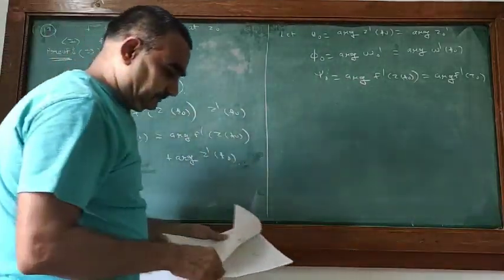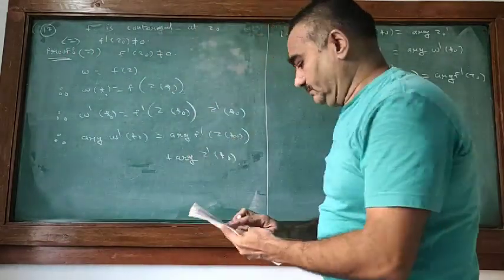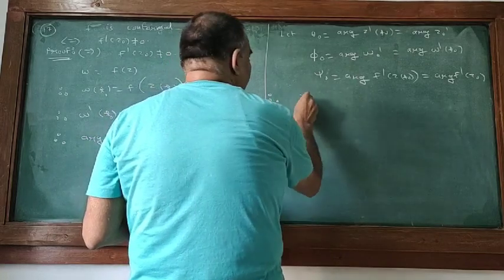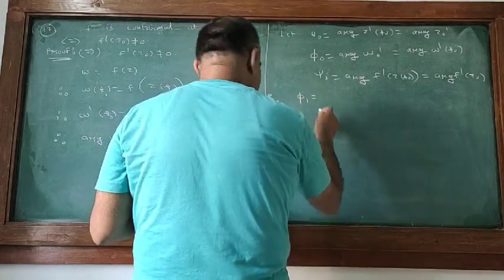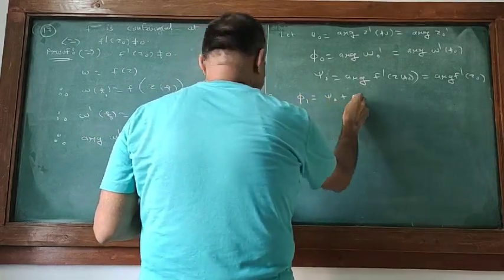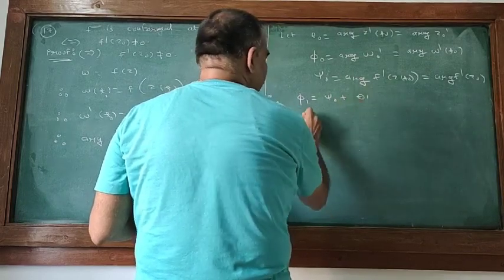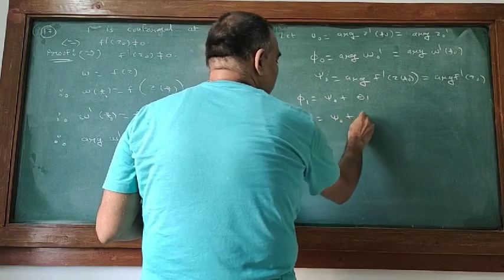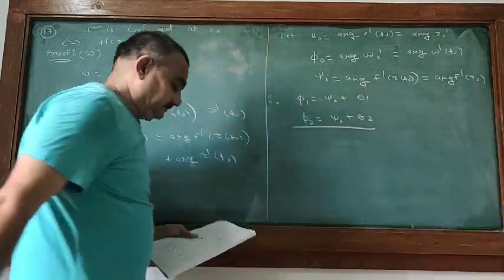Therefore phi 1 is psi 0 plus theta 1, phi 2 is psi 0 plus theta 2.